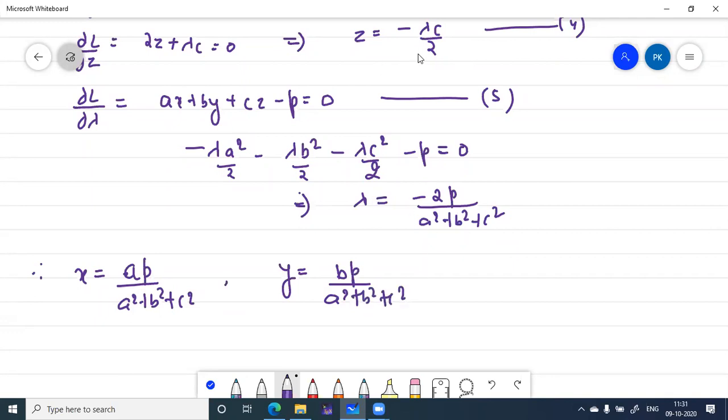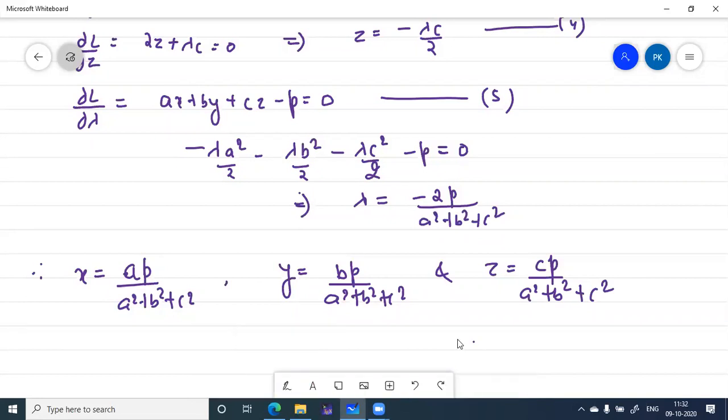Substituting this lambda in these equations, y is equal to bp by a square plus b square plus c square, and z is equal to cp by a square plus b square plus c square.